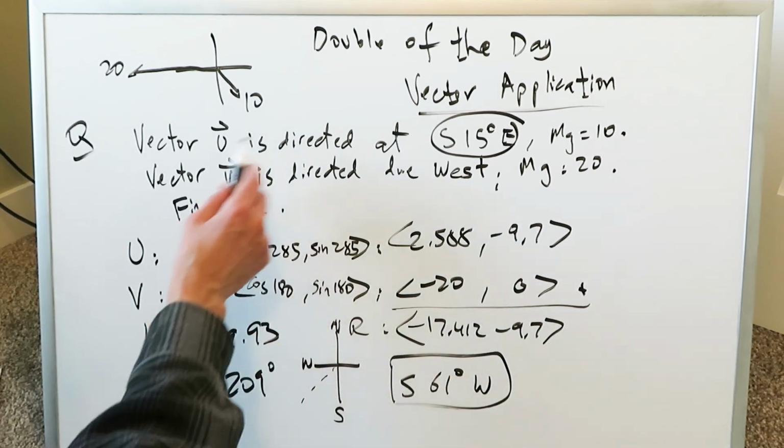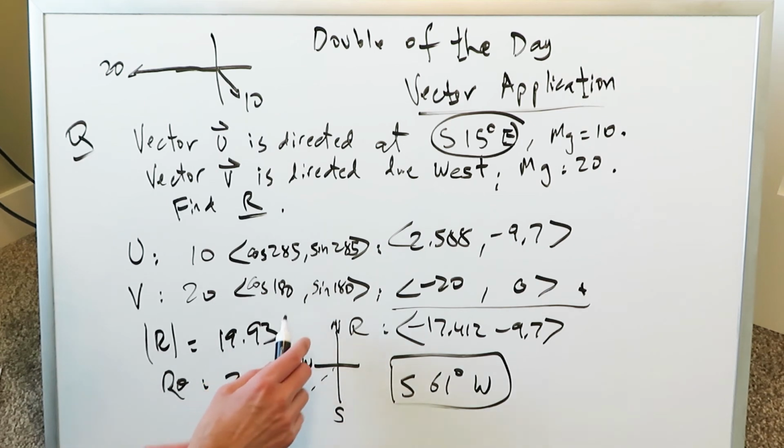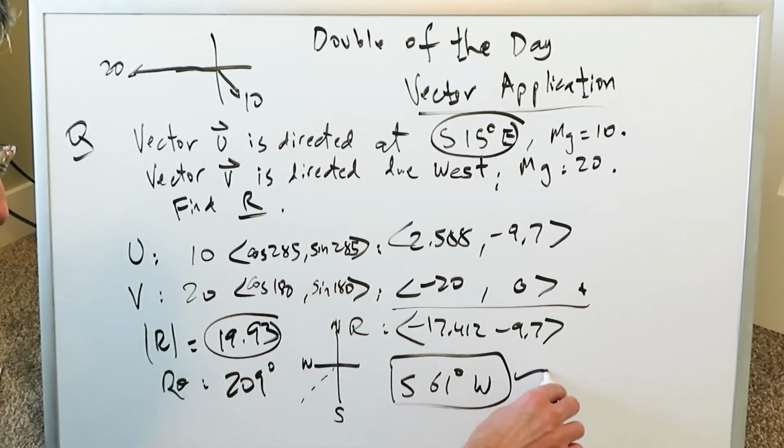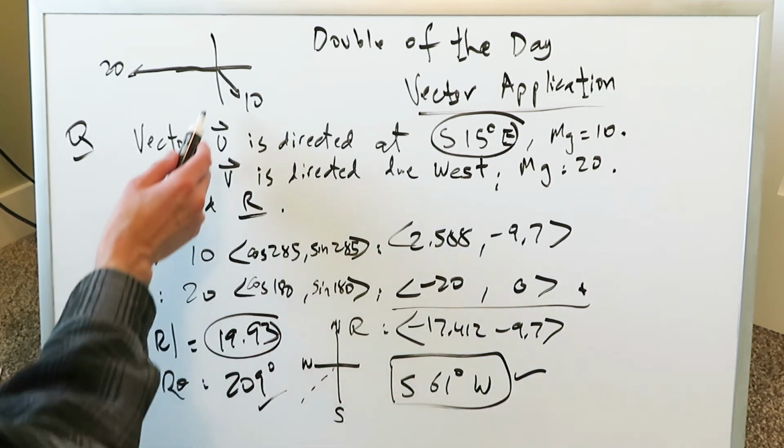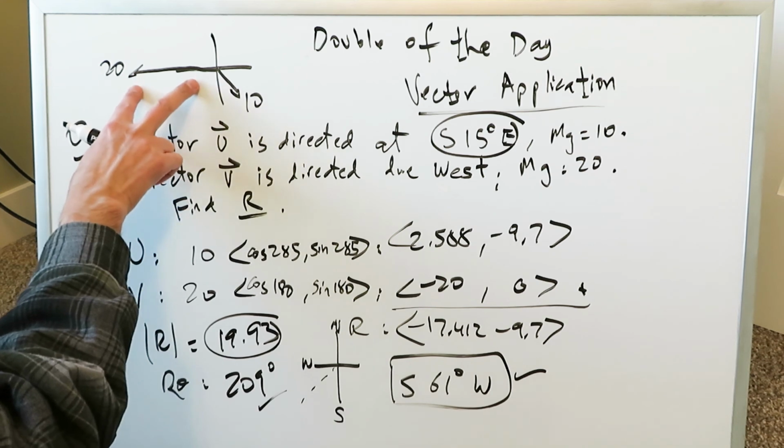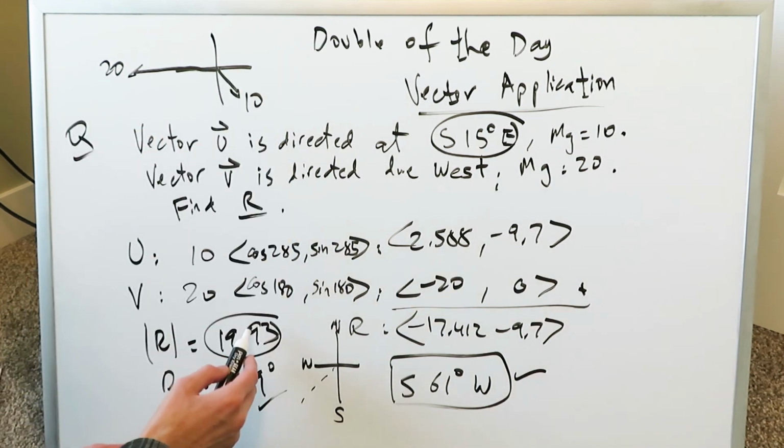The magnitude of the resulting vector is 19.93 whatever units, and it is in the direction of 209 degrees or south 61 degrees west, and this question has been solved. If you want to actually graph all of this, you have 19.93 and you have this direction right here, or that 209. You can draw your resultant. It should be very similar in length to 20 because 19.93 is not too far away.